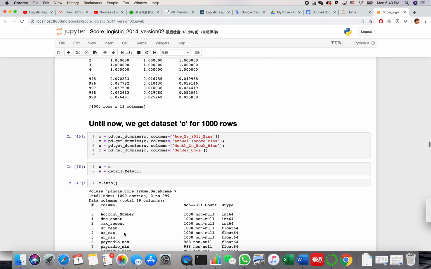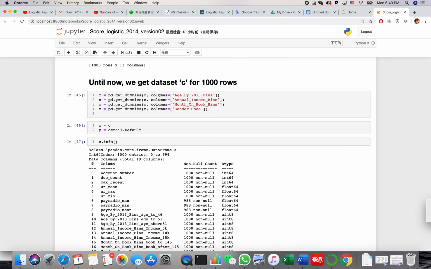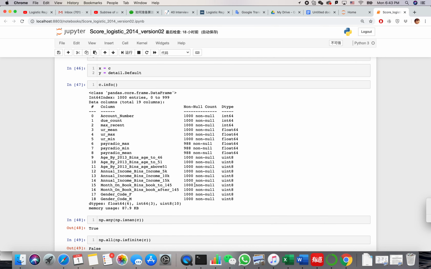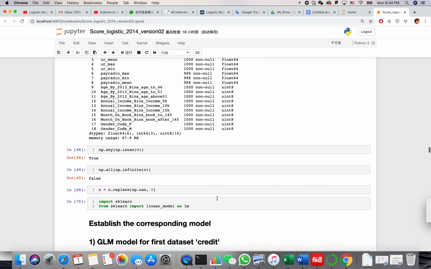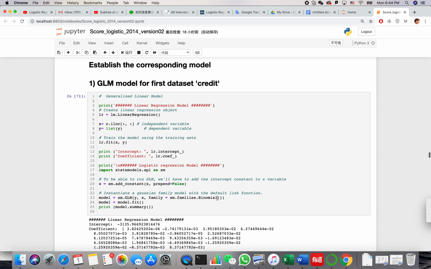At this time, we need to get the dummy variables for the age, annual income, months on book, and gender. Now, hooray, we have the final result dataset, and then we use our model.